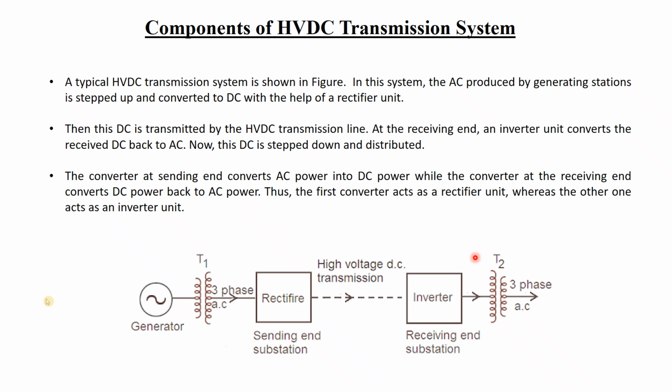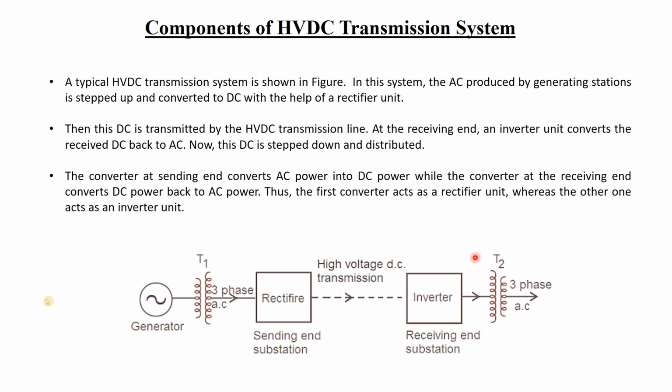After rectification at the sending substation, the power transmission takes place, and after the transmission the power is inverted. The power is transmitted in a bulk quantity, a huge quantity. Then at the receiving end, using the inverter, we again convert from DC to AC, and it becomes single phase.